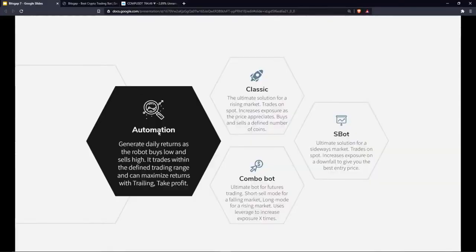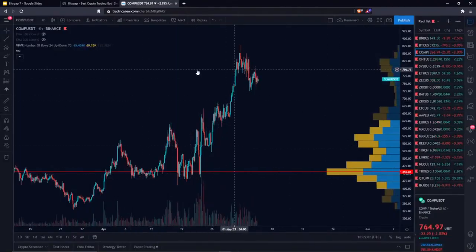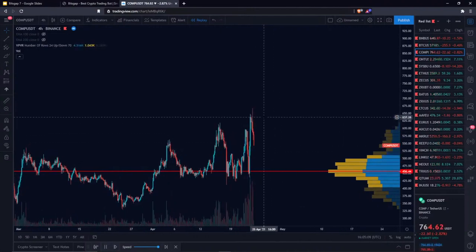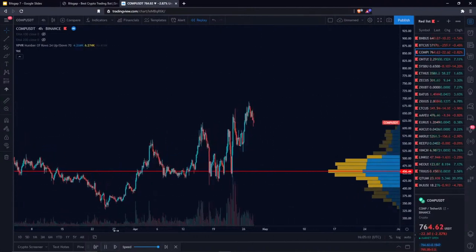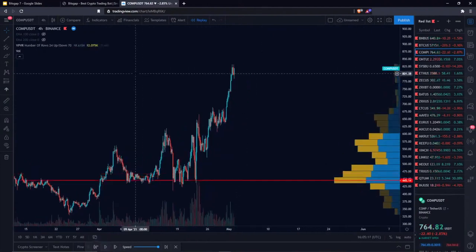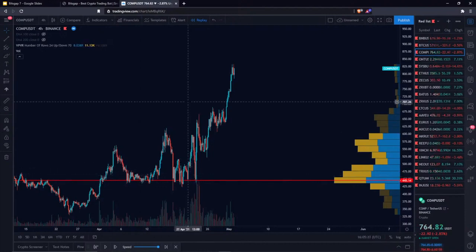The classic bot is the one traders and portfolio managers should stick with if you anticipate the price of the coin to go higher, like this, for example. If you had launched the bot right before this insane rally, the classic bot would bring you more returns than the SBot on this same cryptocurrency.